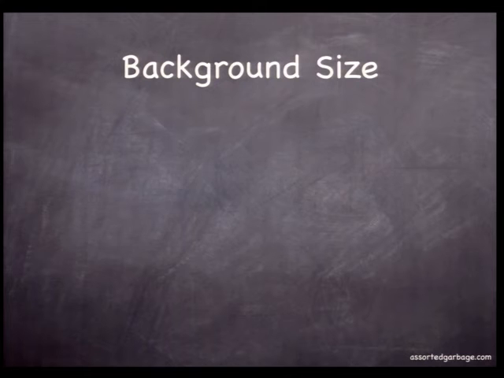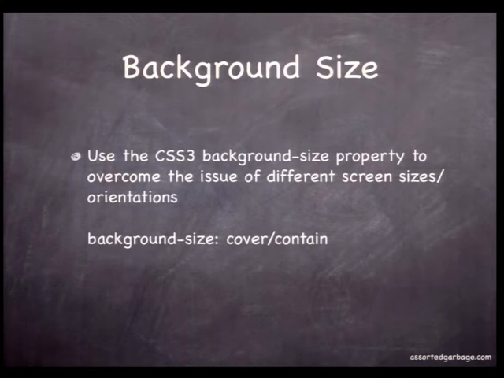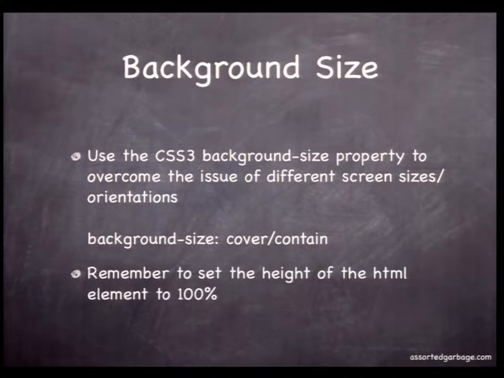Background size is a CSS3 property for background images that helps us overcome some of these scaling issues, some of these fit issues. There are two new properties, cover and contain, that are part of that. And one other thing, you're going to see in just a second what it actually looks like. There is one little caveat. I'll leave it here on the slide, but I'm going to show you the implications of it in just a second.